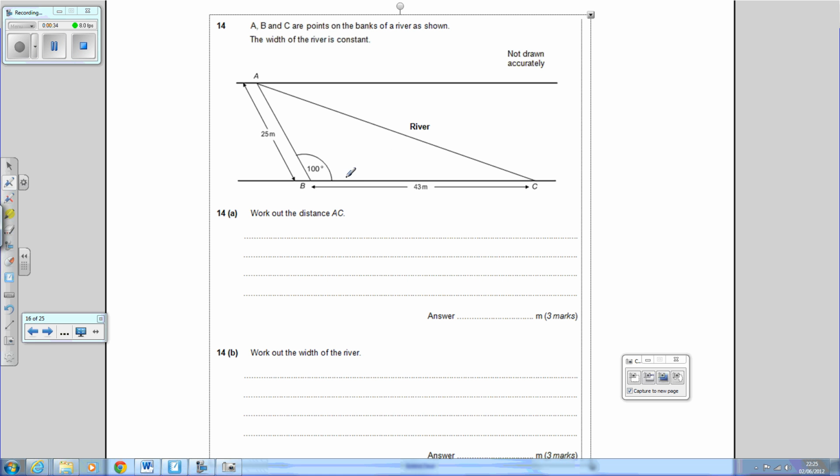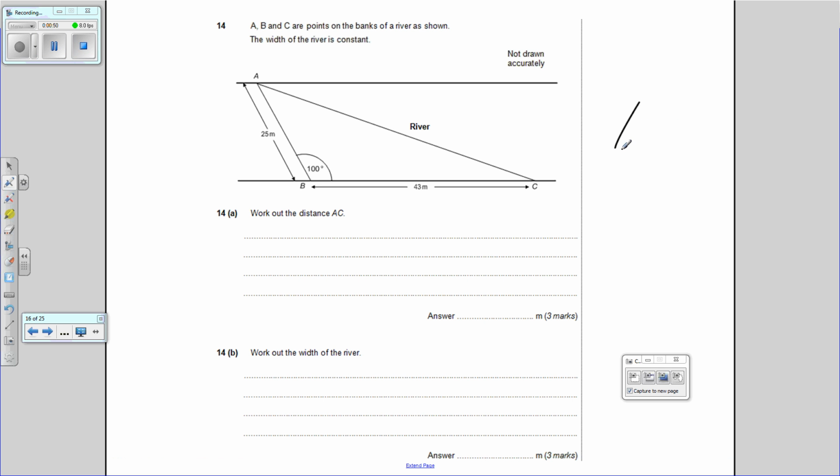You only use the sine rule if you can get a complete opposite pair. So do you have a side and an opposite angle? We don't here. This is a cosine rule. Typical cosine rule questions, there's only two types. Either you've got a triangle and you get given an angle and two sides in between.